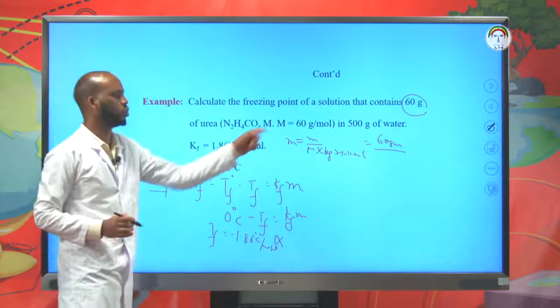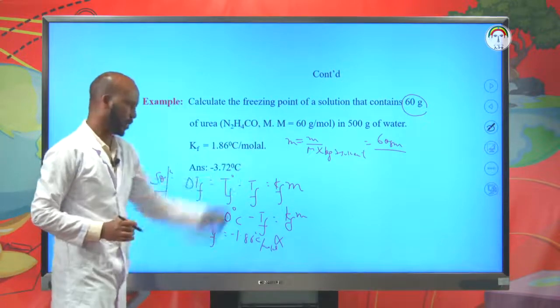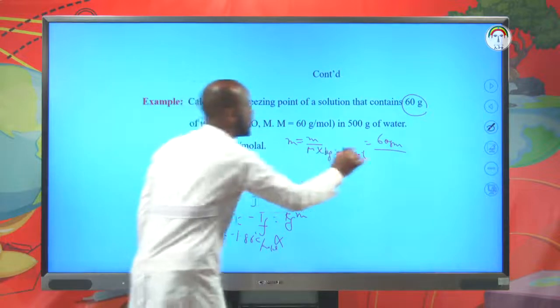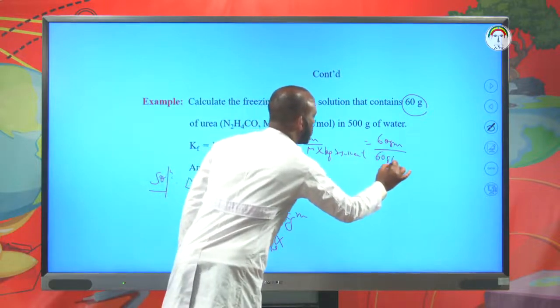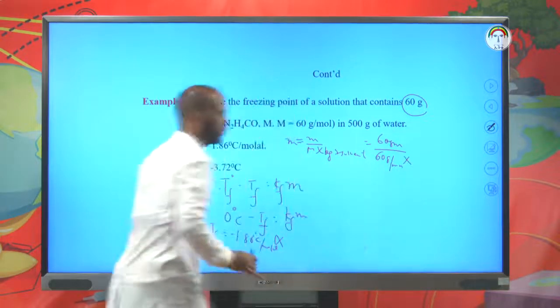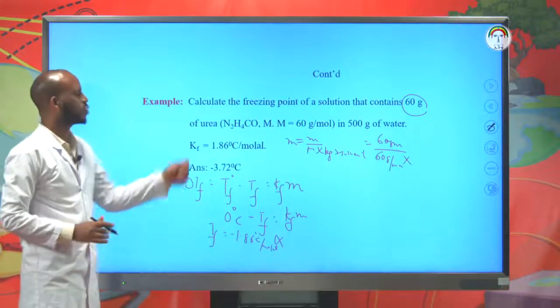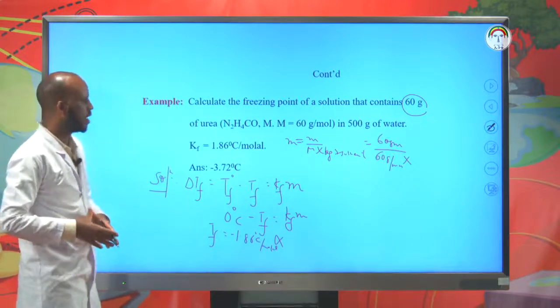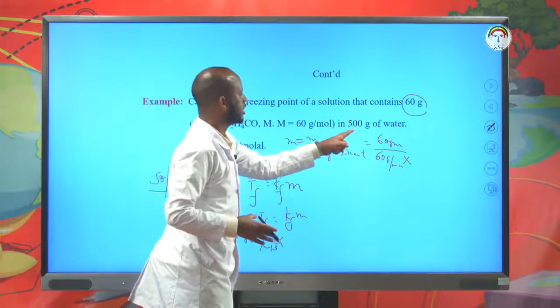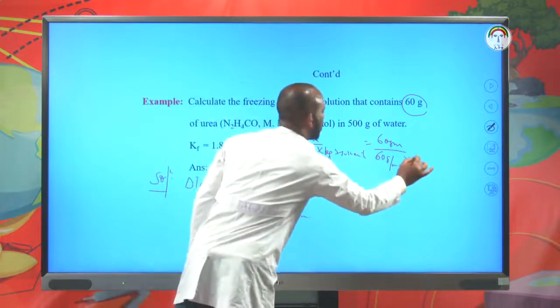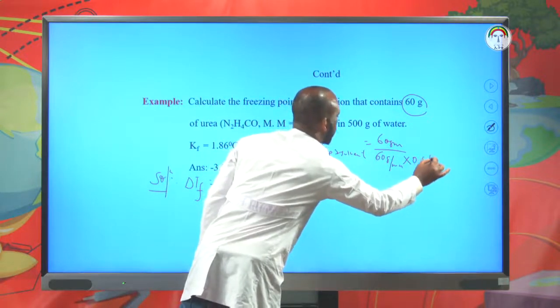The solid is urea dissolved in water. Its molar mass is 60 gram per mole, times mass of the solvent in kg. 500 gram of water in kilogram is 0.5 kilogram.